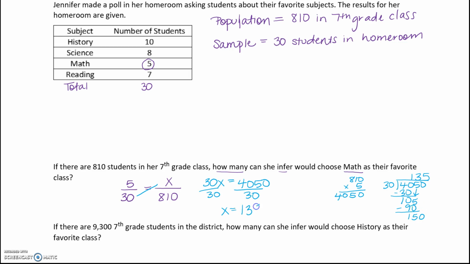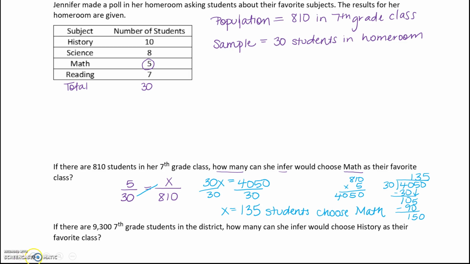So 135 students. 135 students like math. Since 5 out of 30 students chose math, then 135 students out of 810 would choose math. That is our best estimate, or that is our inference.